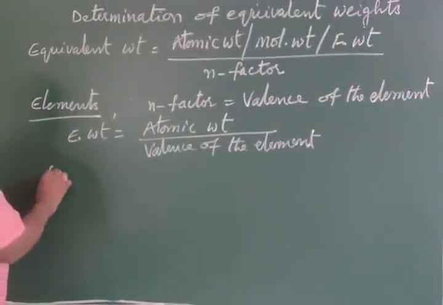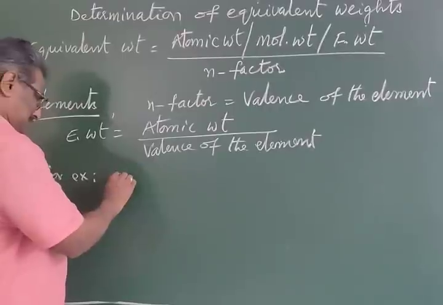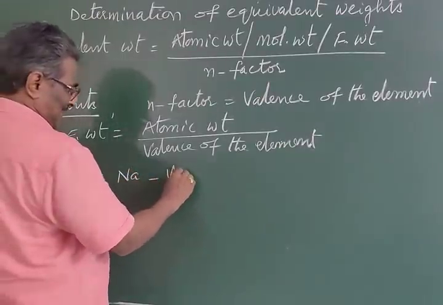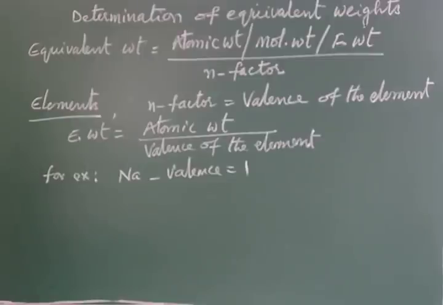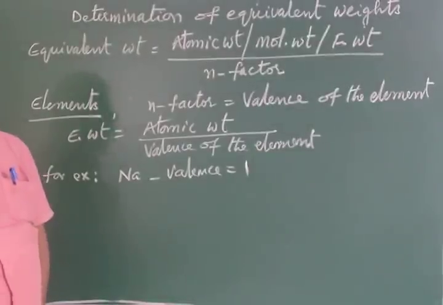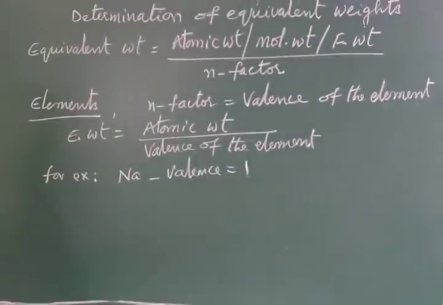For example, sodium. The valence of sodium is 1 only. The combining capacity of sodium is 1. Sodium combines with 1 atom of chlorine. The number of hydrogen atoms or the number of chlorine atoms, or double the number of oxygen atoms, with which 1 atom of an element can combine is said to be the valence.